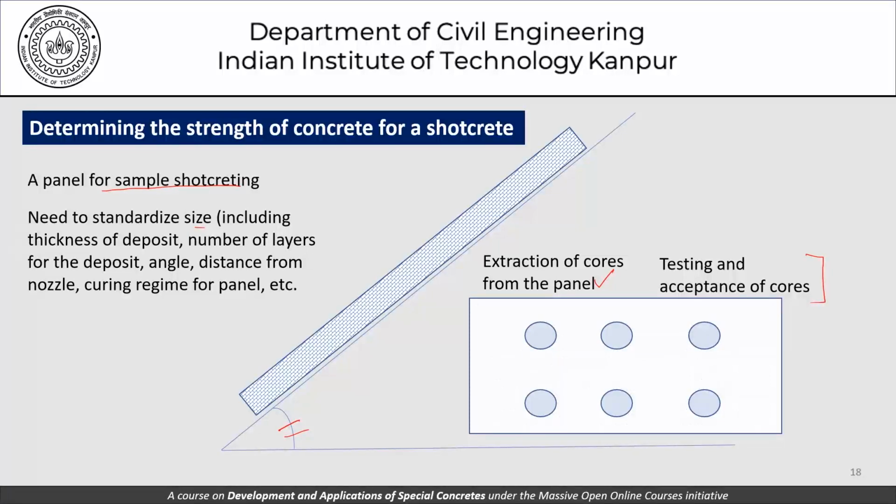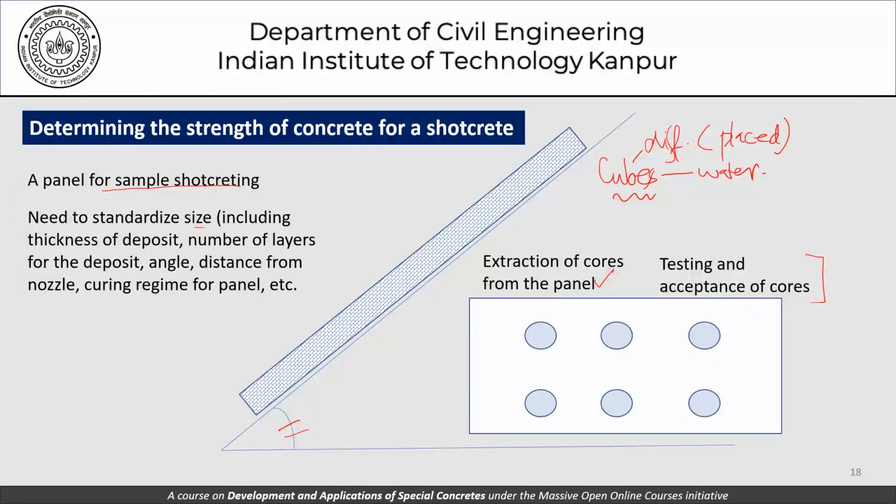What has to be understood here, what I would like you to think about, is that we have cubes as the basis for our quality control as far as normal concrete is concerned. Now these cubes are cured in water and they are prepared differently than the placed concrete. So there is no one who will argue that the cubes represent the actual method of placement as far as normal concrete is concerned.